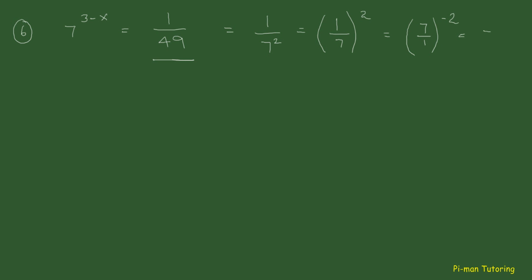And that is simply 7 to the power of negative 2. So we've ended up with 7 to the 3 minus x is the same as 7 to the negative 2. And now we can equate those exponents. And now we can gather up the like terms, and x is equal to 5.